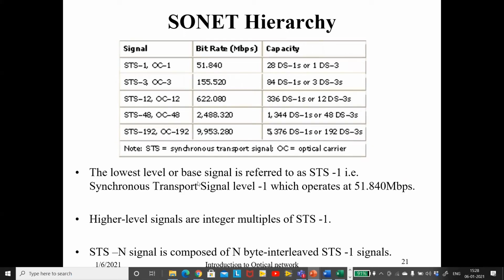Now, let us see how these low bit rates can be accommodated in the SONET.